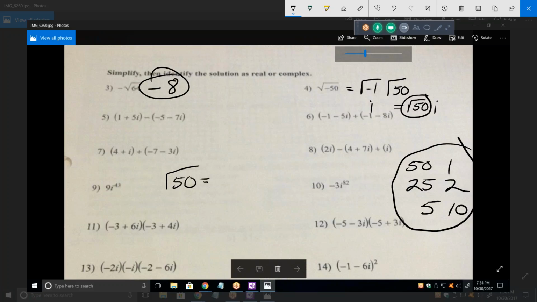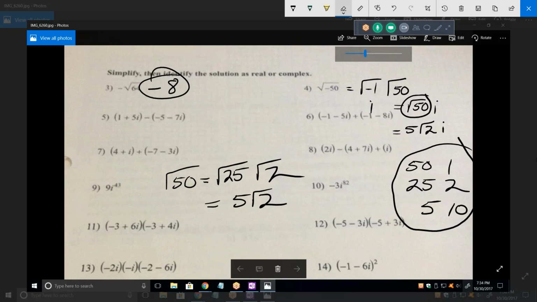It's the only one. So that's how you want to factor square root of 50, because now I can pull a 5 out. So that's what square root of 50 is, which means this answer is 5 root 2 i.